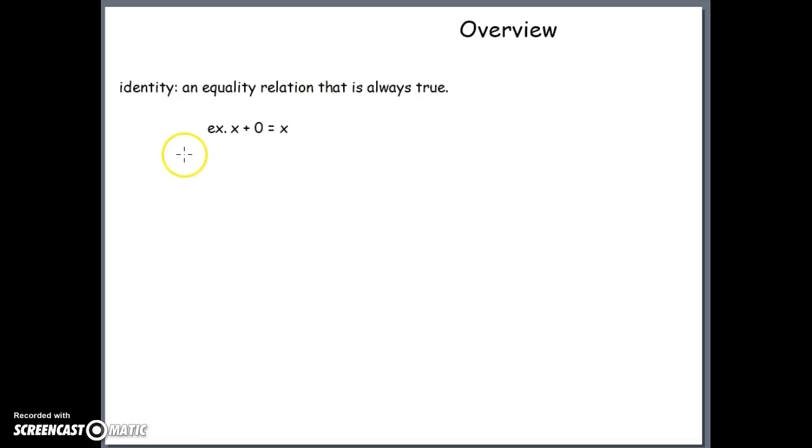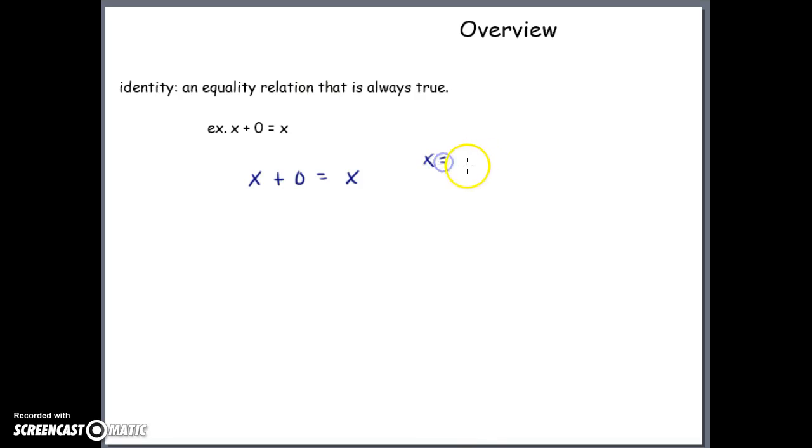Before we get into the specific identities, let's just define what an identity is. An identity is an equality relation, a relationship that is equal, that is always true. So the relationship will always be true no matter what values you have in the relationship or variables. A common example of this is x plus 0 equals x. So no matter what value x equals, both sides of this equation will always be equal to each other.